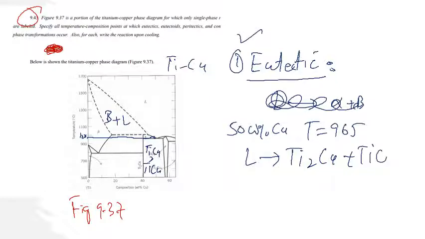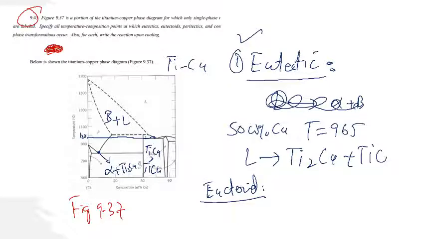In the second part, we have to find the eutectoid. I already told you that the eutectoid is a reaction in which one solid converts to two other solids. If you look at the diagram, this is the beta phase, and this beta phase converts to two solids, alpha plus Ti2Cu. So one solid is converting directly to two solids. Our second reaction is eutectoid.